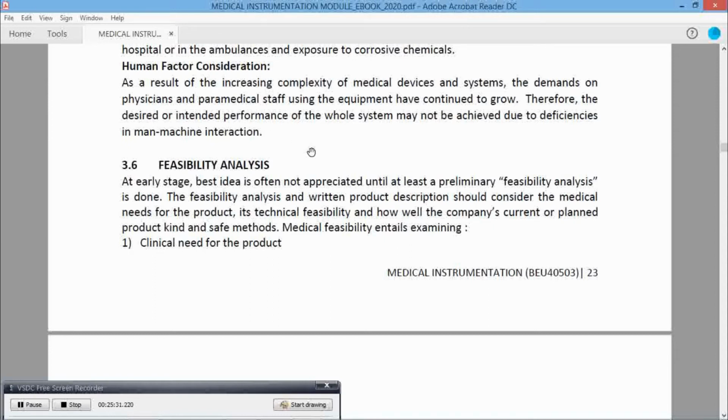Human factor consideration is a result of the increasing complexity of medical devices. The demands of physicians and paramedical staff using the equipment have continued to grow. So that means people develop new, sophisticated medical devices, but sometimes you need to know that the people who use the system don't have much technical knowledge.